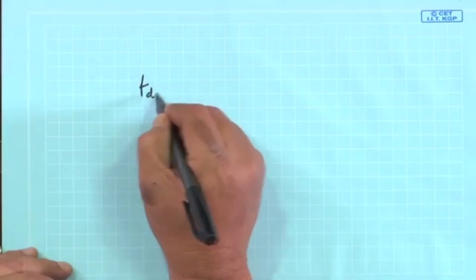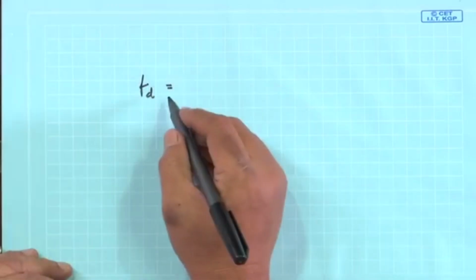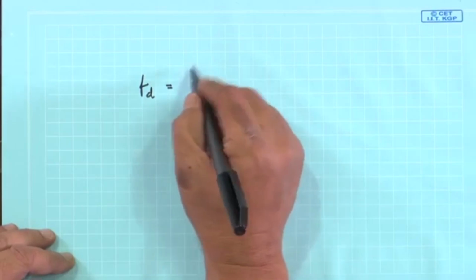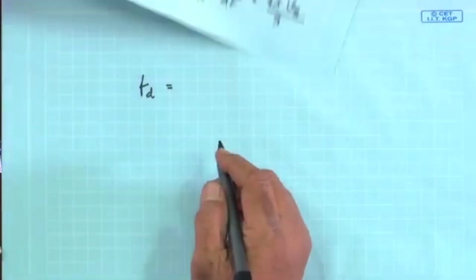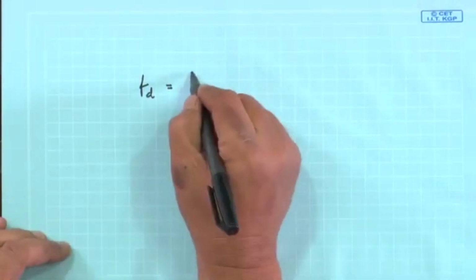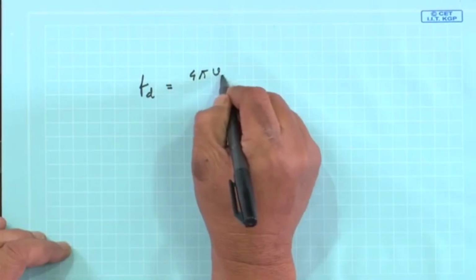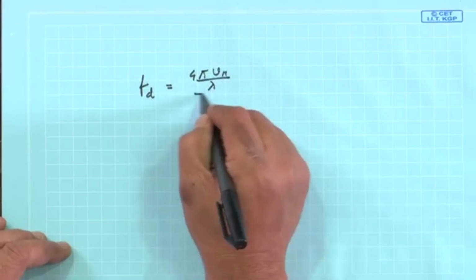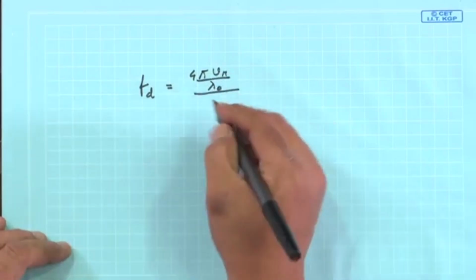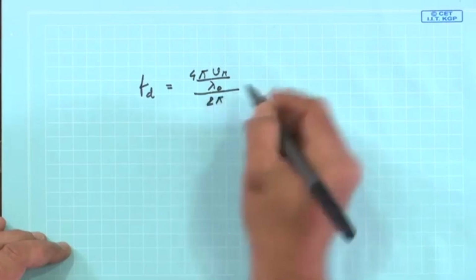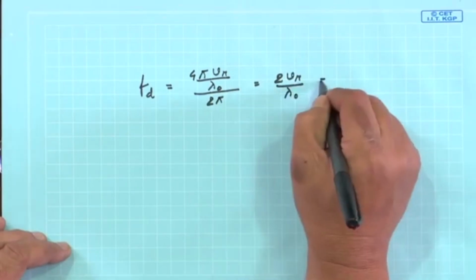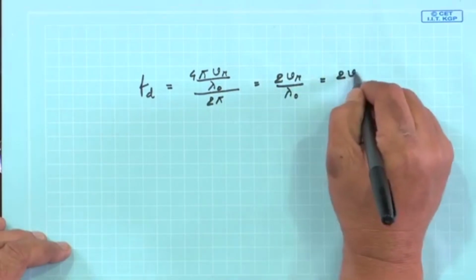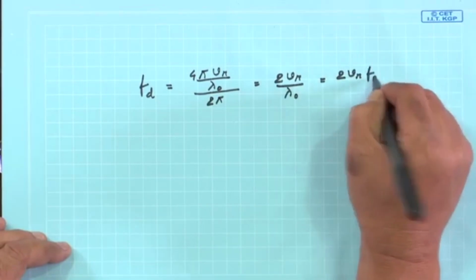Now I can write the Doppler frequency change f d. From this relation, 2 pi f d is this, so f d will be 4 pi V r by lambda naught, divided by 2 pi, and that is 2 V r by lambda naught, or in terms of frequency, 2 V r f naught by c.